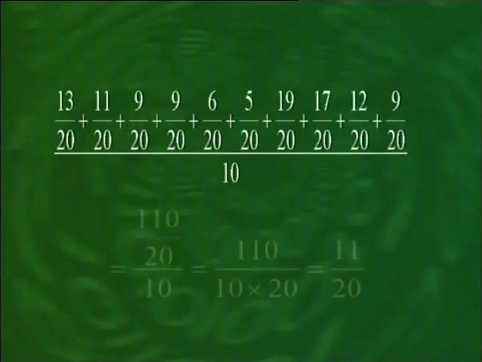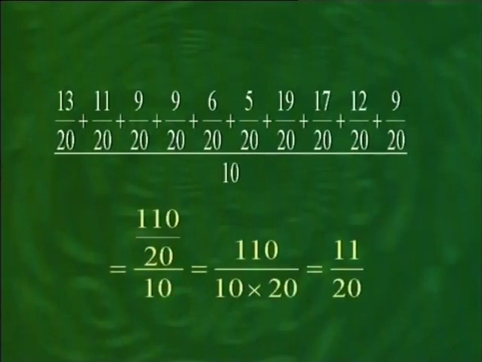Adding these 10 quantities and dividing by 10, we obtain 110 over 20 divided by 10, which is 110 over 10 into 20, and which is equal to 11 over 20.